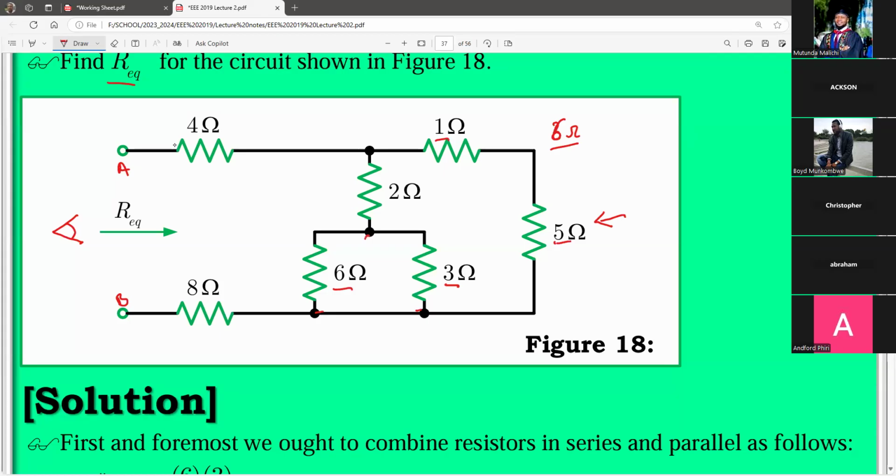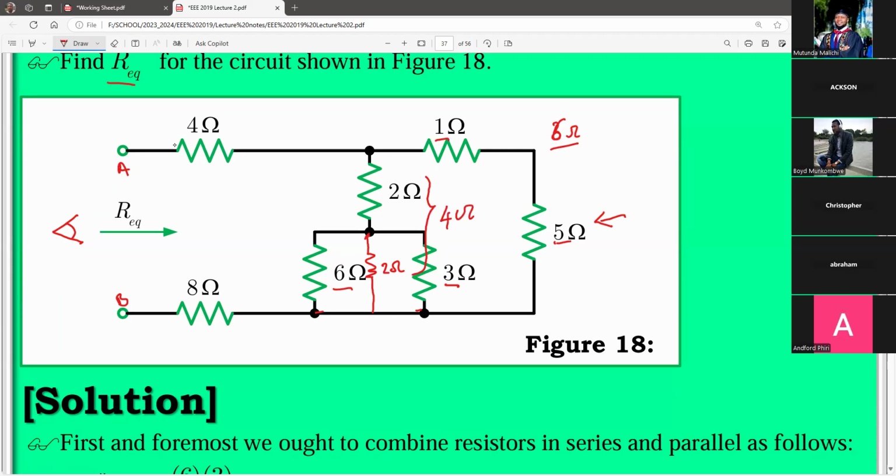So using that R1 multiplied by R2 over R1 plus R2, it should give us 2 ohms here as the equivalent resistance of these two here. But then there's another resistor on top of this parallel combination, which is the 2 ohm. So now again, the equivalent resistance of these two then gives us 4 ohm.